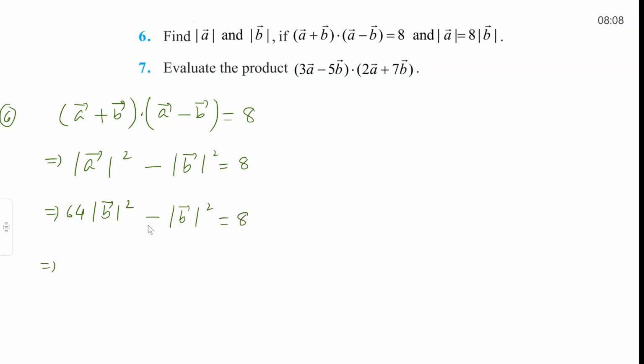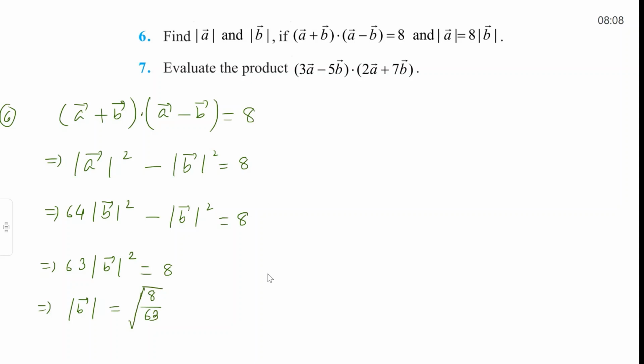So it is simply 63 mod b square is equal to 8, and so mod b is equal to 8 by 63 and the square root of this one. Mod b is equal to 8 by 63.